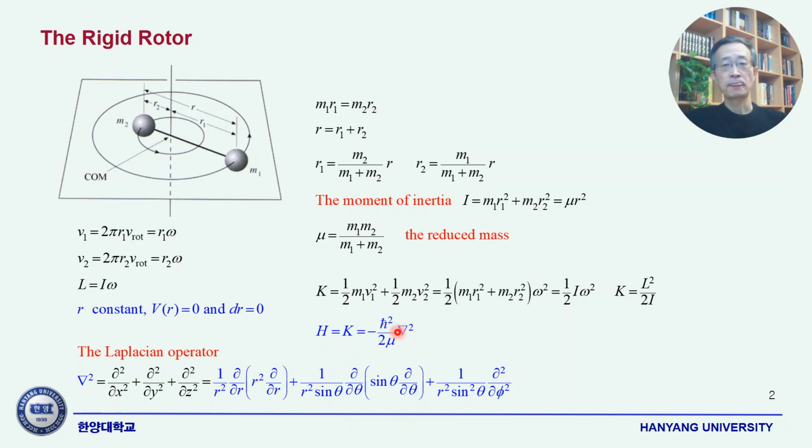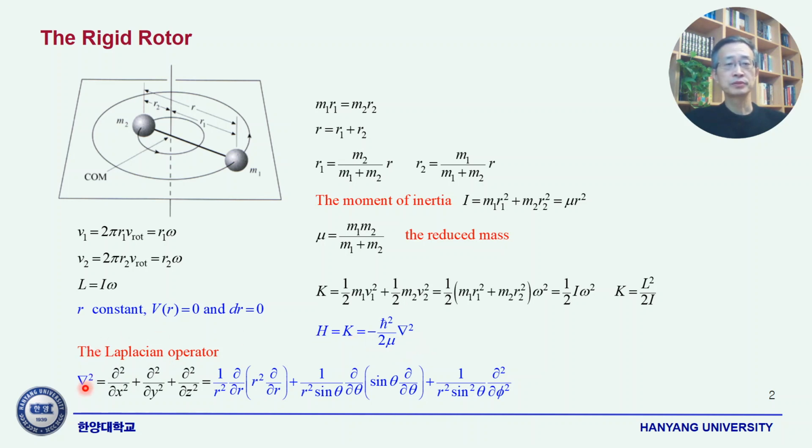But now we can introduce the normal kinetic energy operator. You remember that, which is minus h bar squared over 2m d squared dx squared.